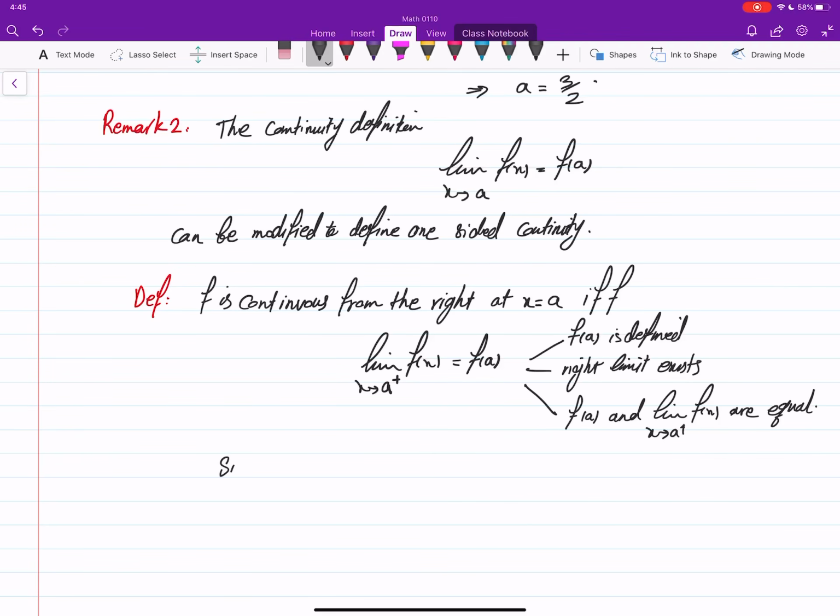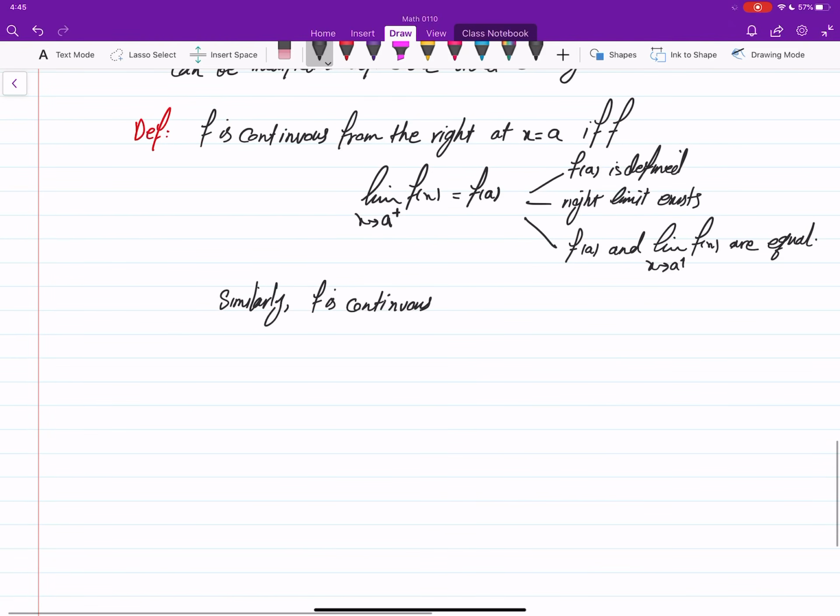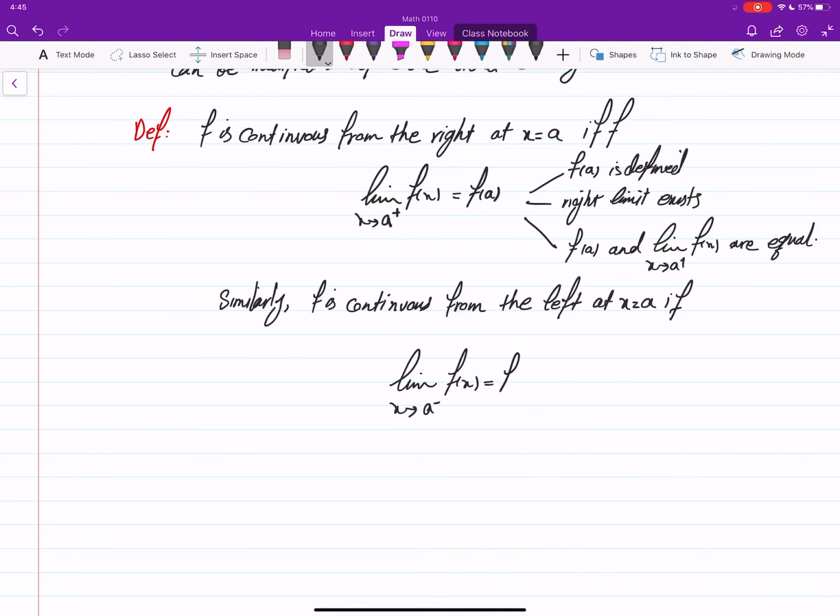While similarly, f is continuous from the left at x equal to a if the limit of the function as x approaches a minus is equal to f of a.